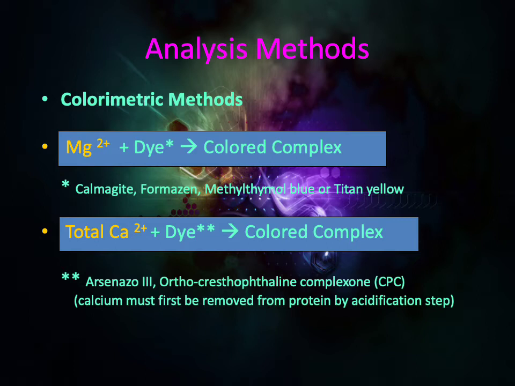Common dyes used for measuring calcium include Arsenazo III and orthocresolphthalein complexone, or CPC. It should be noted that for calcium measurements, calcium must first be removed from protein by an acidification step.